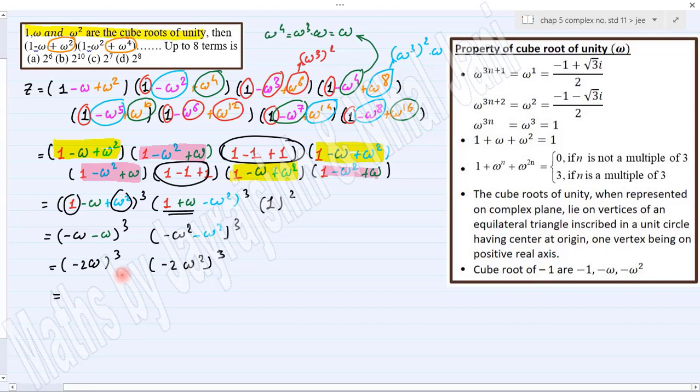Or we can say we have 2 raised to 6 into omega raised to 9, which can be rewritten as omega cube, the whole cube, and we know that omega cube is 1. So finally, your complex number is 2 raised to 6, which is given in option A. Ta-da!